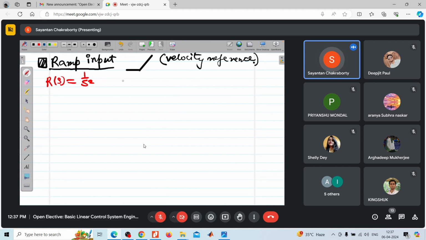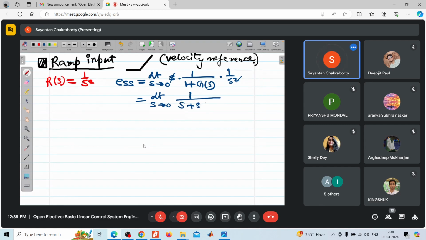So from that, what is your ESS? Limit s tends to 0 of s times 1 by 1 plus Gs, times 1 by S square. So now this S will remain there. Limit s tends to 0, 1 by S plus SGs.